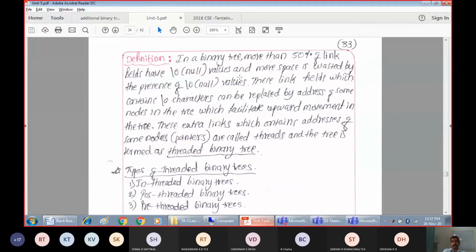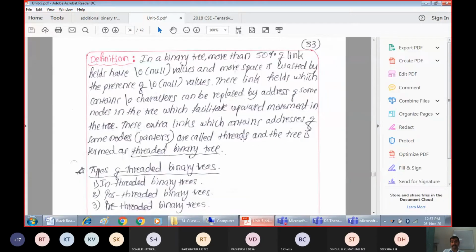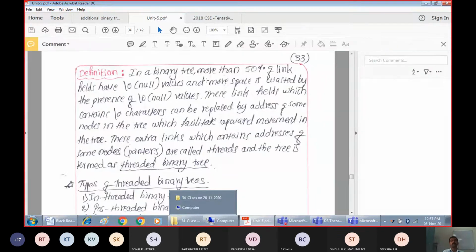Please concentrate. In a binary tree, more than 50% of the link fields have null values, as I have just explained with the diagram, and more space is wasted by the presence of null values.